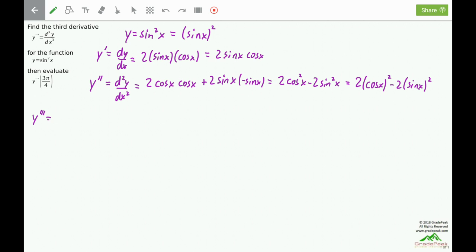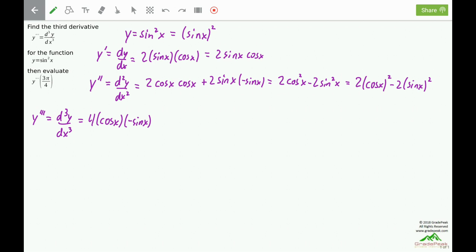Y triple prime, or d cubed y dx cubed, equals, now for the first term we have the power rule. Let's bring the power 2 down, multiply with the 2 in the front to get 4, leave the inside alone, cosine of x, subtract 1 from the power, and then multiply by the derivative of the inside to complete the chain rule.